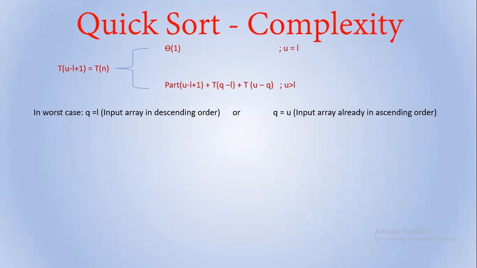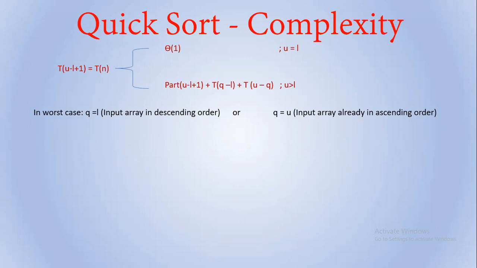So when the input array is completely in descending order, Q will be L. Why? What is Q? Q is the one which is given out from the partition function. The pivot value is selected as the value at the last, and all other elements will be compared with that pivot value.